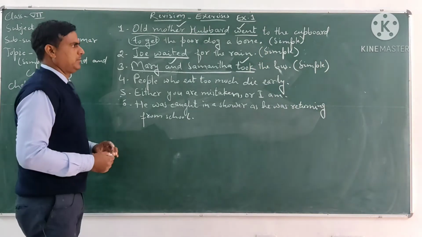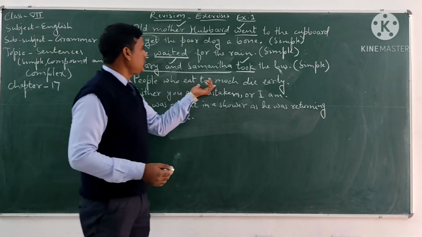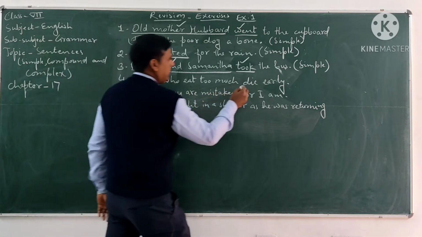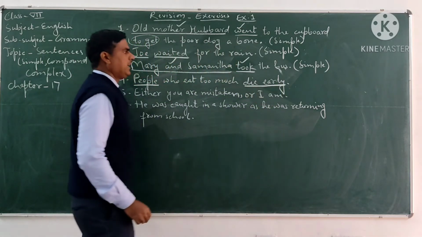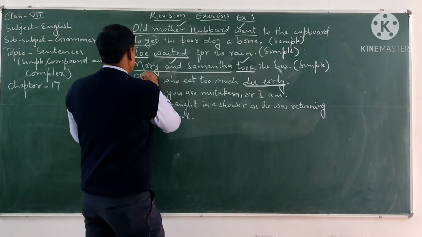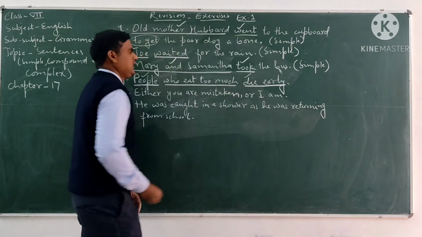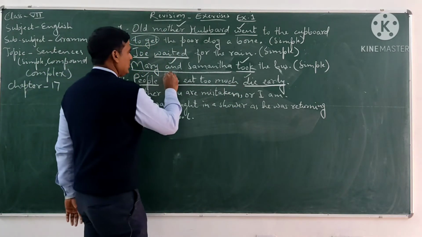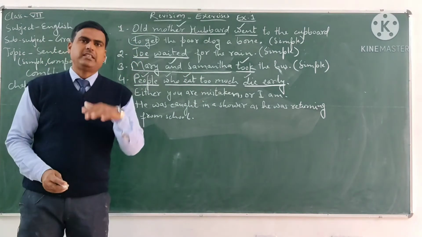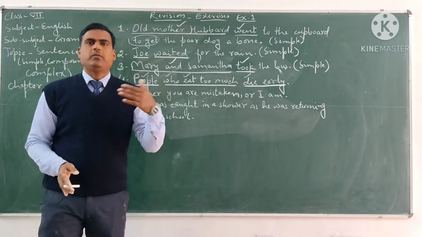See the next one. The next one is, people who eat too much die early. People die early is one clause, one subject and one finite verb. Who eat too much is another clause: who, one subject, eat, another finite verb. It means this sentence has more than one finite verb and more than one subject.